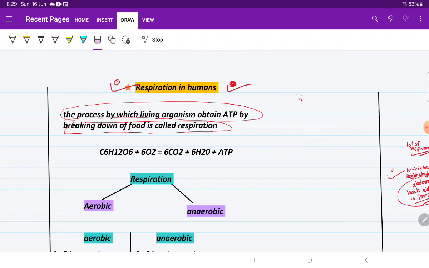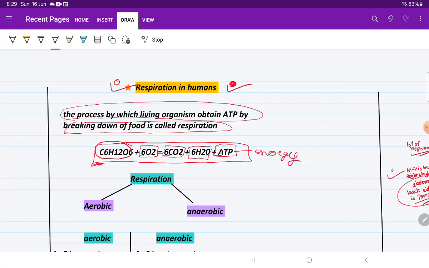You can learn easily. Okay, let's see the main formula of this chapter. This is the most important formula you have to remember. C6H12O6 plus 6O2 gives 6CO2, 6H2O plus ATP plus energy. You can say ATP or energy, both are same.